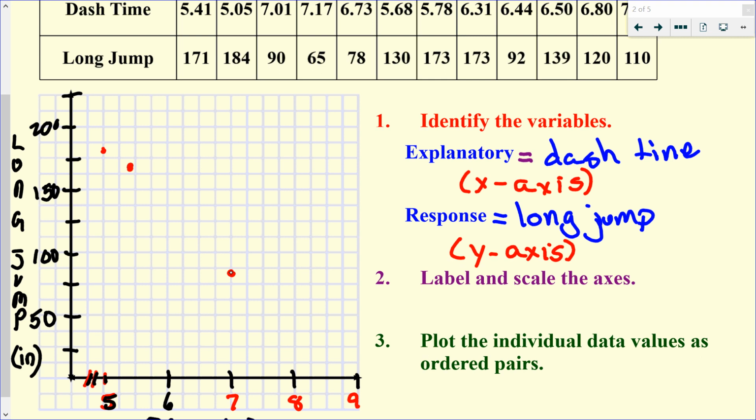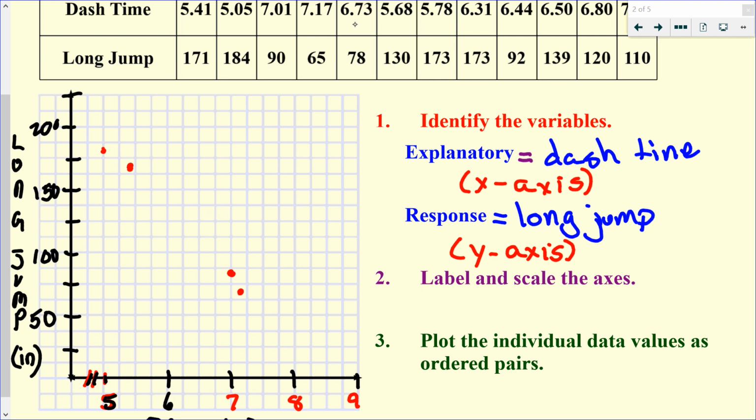Okay, a little bit more than 7, but only 65. So that's 75. 6 and 3/4 roughly, and 130. Okay, and 130. Oh, whoops. Are you paying attention?